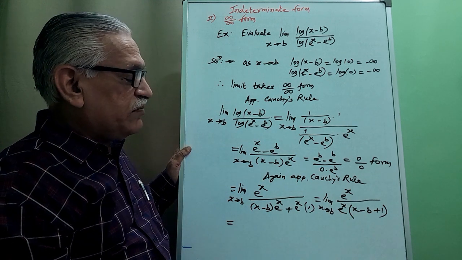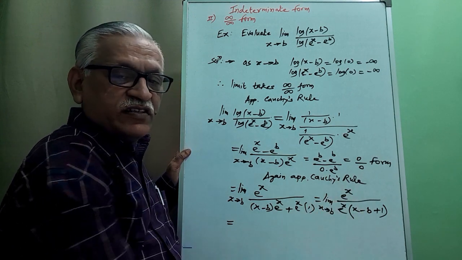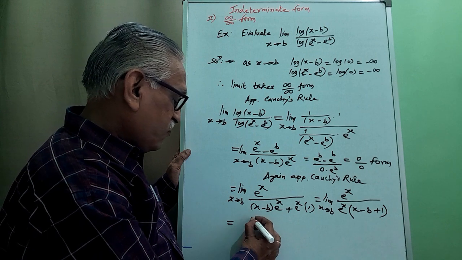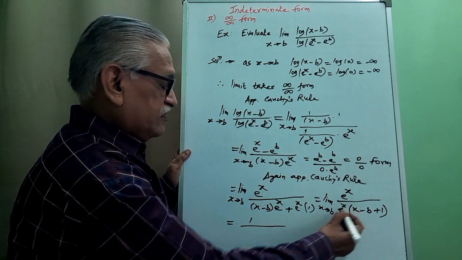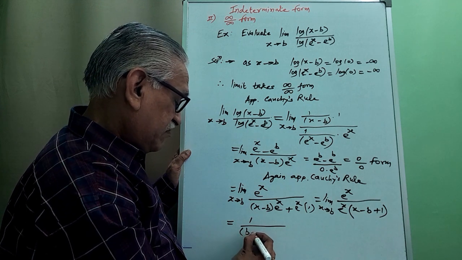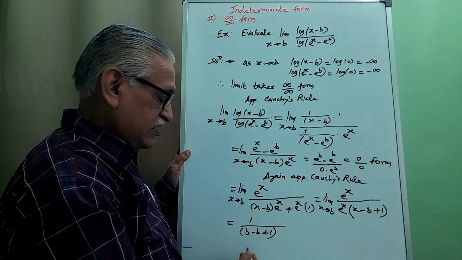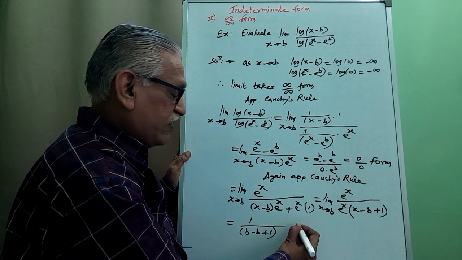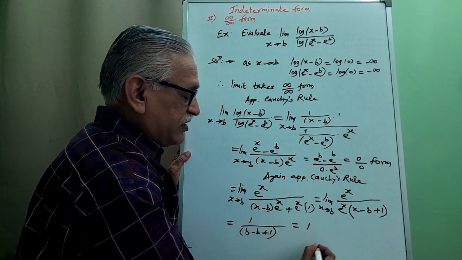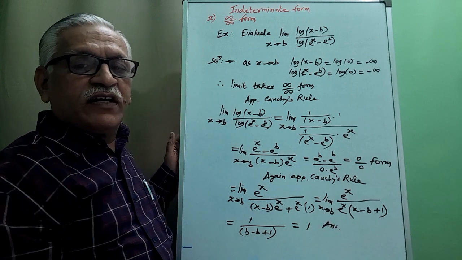Substituting the limit as x tends to b, the e raised to x gets cancelled. We have 1 upon (b minus b) plus 1. The b minus b gets cancelled, therefore we get 1 by 1, so the value is 1. The true value of that limit is 1.